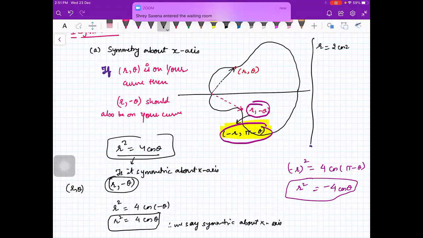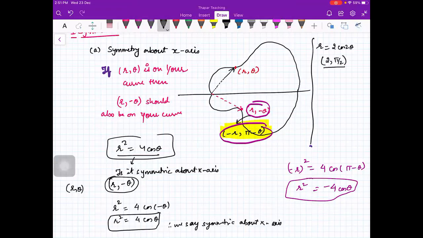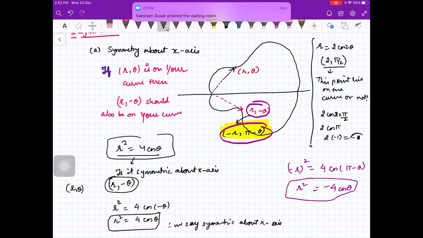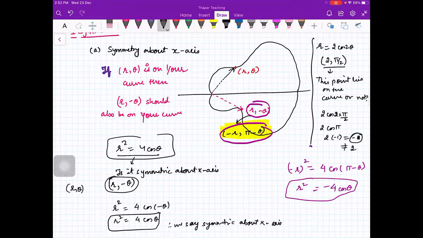Now, if I ask you whether the point (2, π/2) lies on the curve or not, you just check. If you put π/2 on the right-hand side, you will get 2 cos(2 · π/2), which is 2 cos π. So this is 2 × (−1) = −2, which is not equal to the left-hand side, 2, because r is 2.